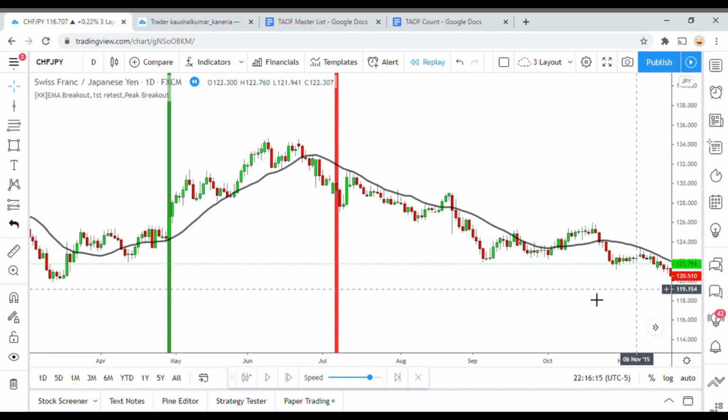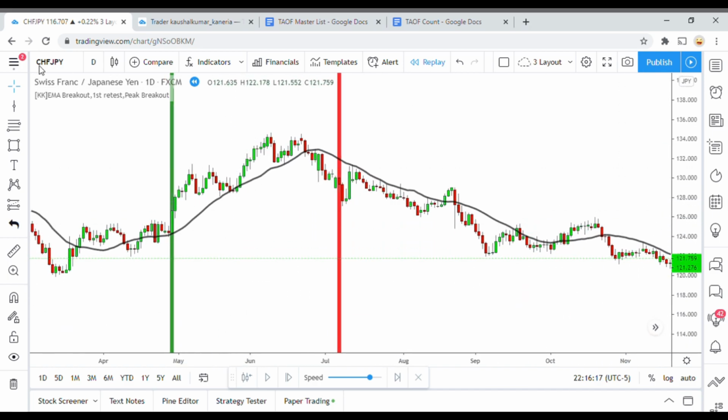So what are these green lines and red lines? Well, these are the breakout of the first retest of the moving average. And so altogether, what does this mean? What happens is that price action will break either above or below the moving average. Price action will then come back to retest the moving average.